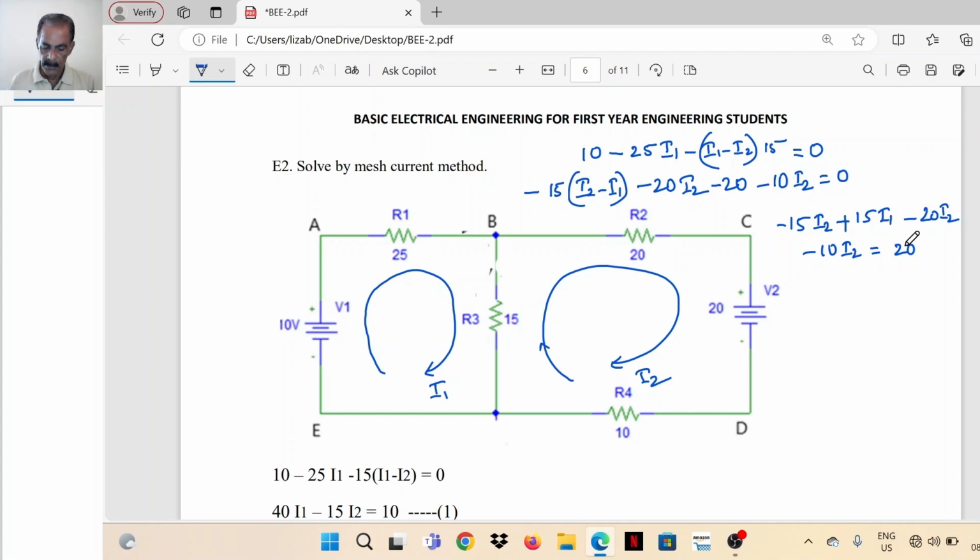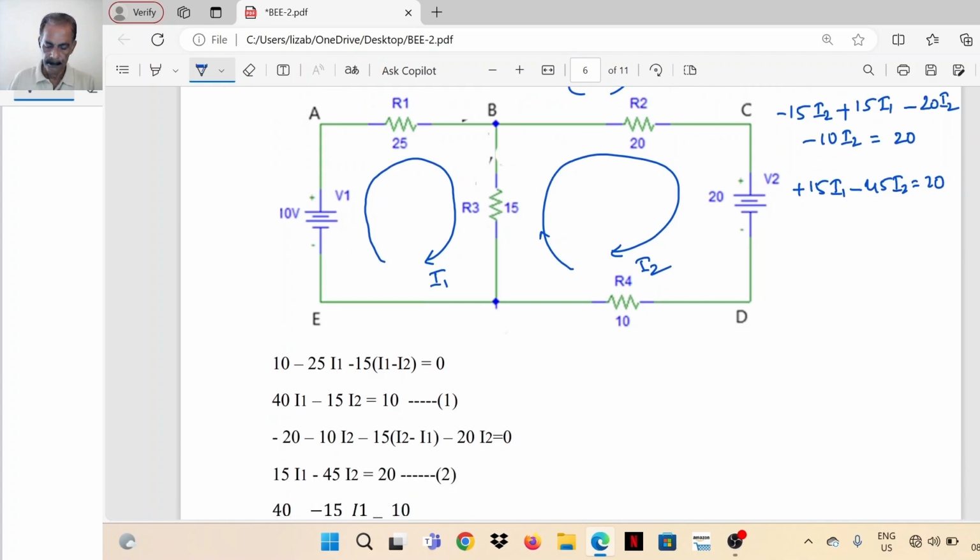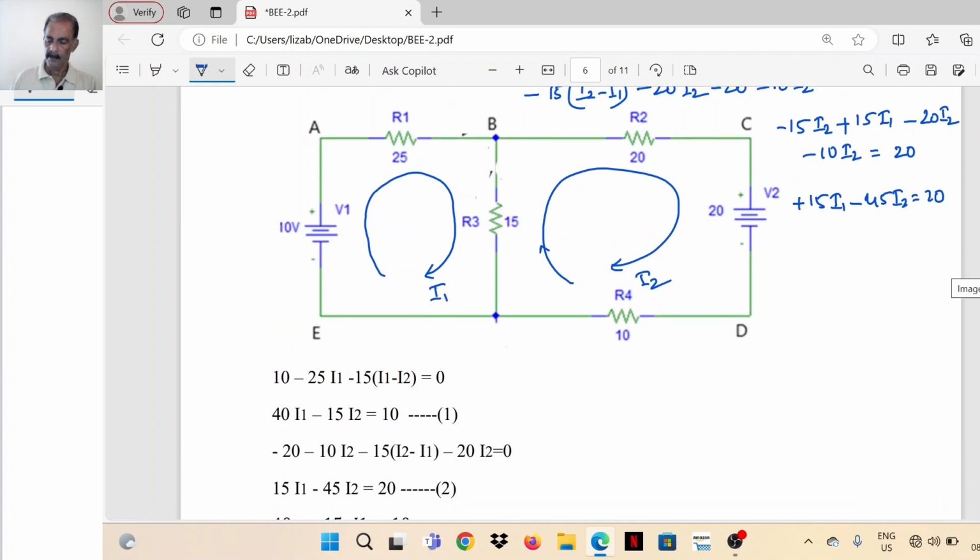So it is 15 I1 minus 45 I2 is equal to 20. That is the second equation.